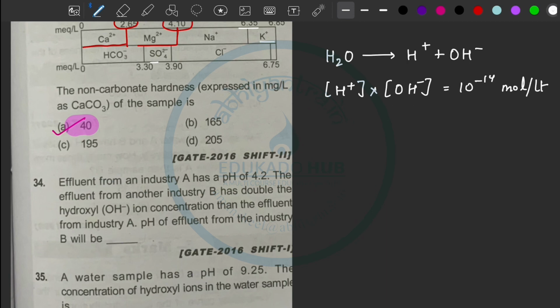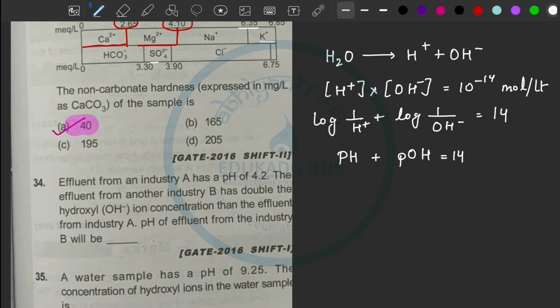If we take log on both sides, we get log 1 upon H plus ion plus log 1 upon OH minus ion is equal to 14, right? And this is nothing but pH. So we get that pH plus pOH is equal to 14. This is the main idea behind how pH and pOH come to be 14.